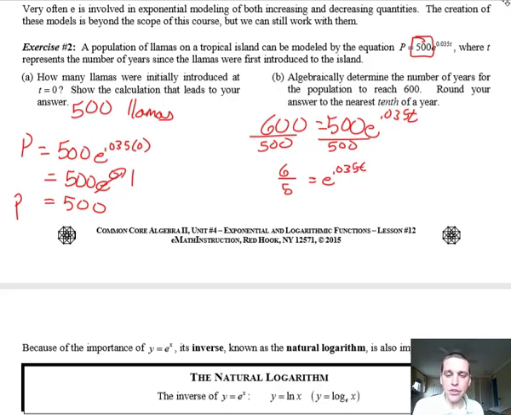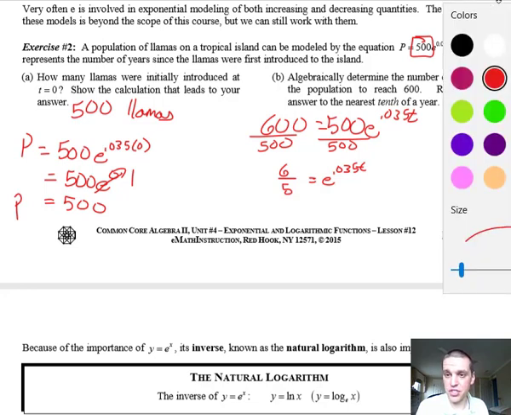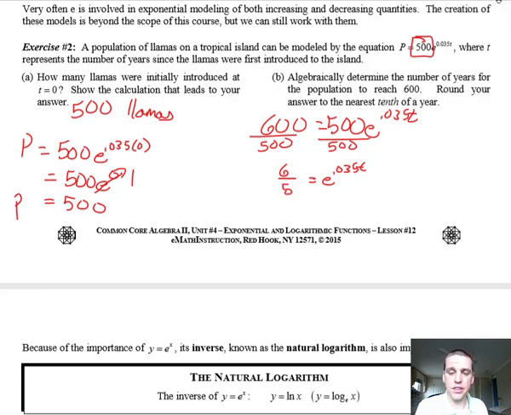And so right now you should be thinking, oh, we have a variable in the exponent, and therefore we need to use logarithms. We have nothing else with this e, so let's look at logarithms. And again, what we have stressed so much is that we're going to have log base e of 6/5, because that's what it equals.